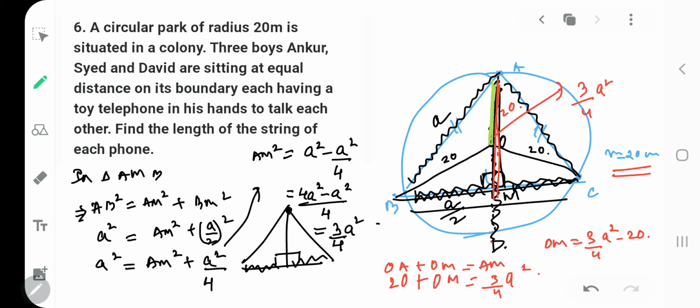Your entire AM square is 3 upon 4 a square. So AM will be root 3 upon root 4, that is 2, and a square's root will be a. So AM square was 3 upon 4 a square. What will be AM? AM will be root 3 upon 2 a. Okay, so you got the value of AM also.